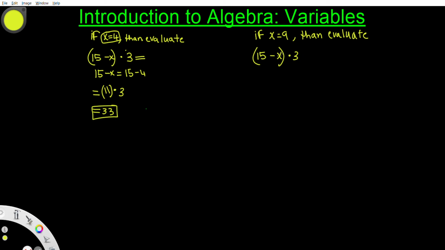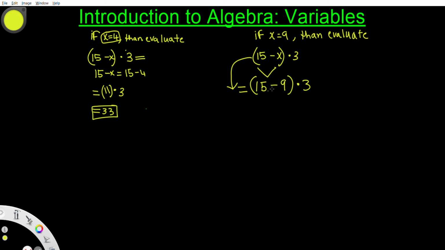We know x is 9, as it says in the directions. So we'll say 15 minus 9, which are in parentheses, multiplied by 3 is basically what this equals. And we know that in PEMDAS we're supposed to do what's in the parentheses first.